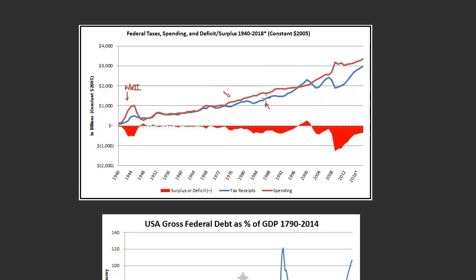Taxes, on the other hand, did not really increase or keep up with that, and this is where we start seeing persistent federal deficits year over year, where we are borrowing money from individuals and other nations to be able to finance the operations of the federal government. And what is it that's causing this?